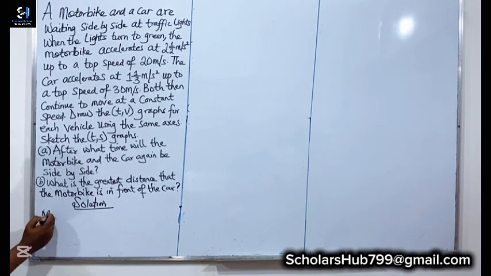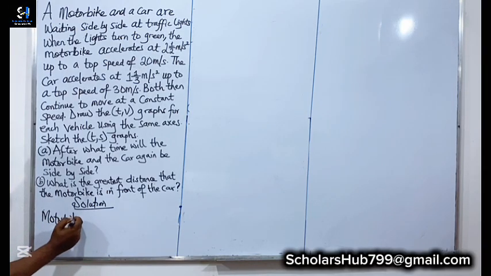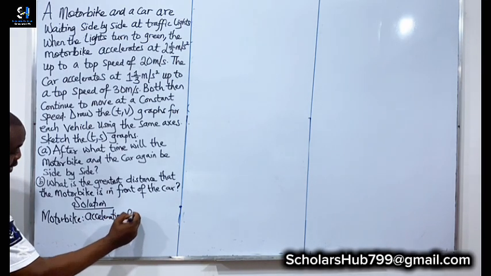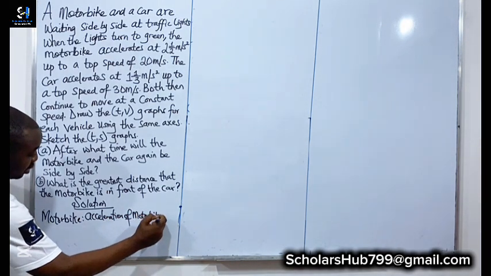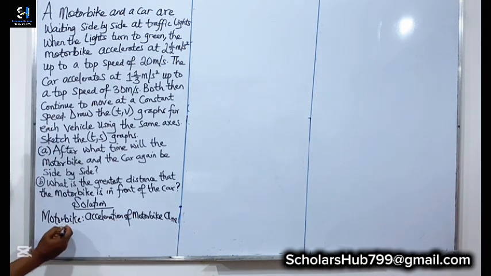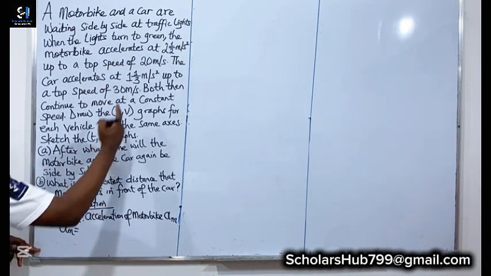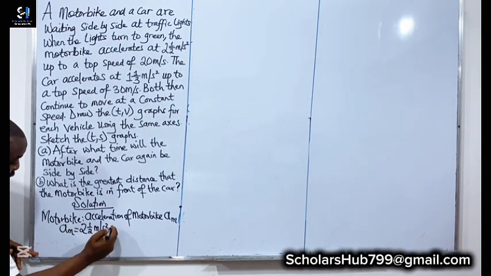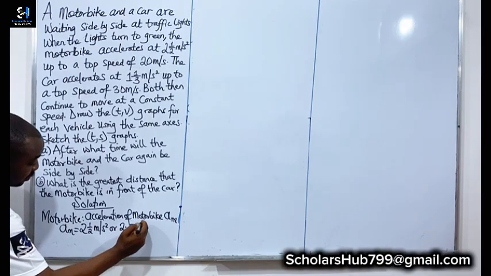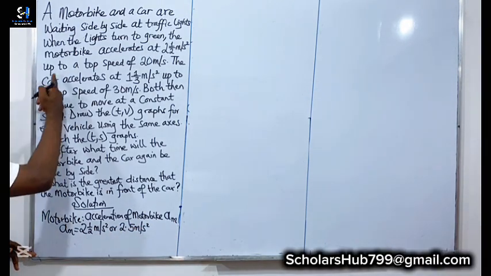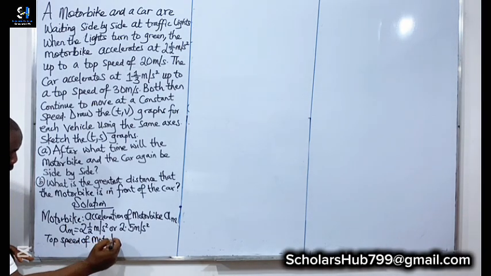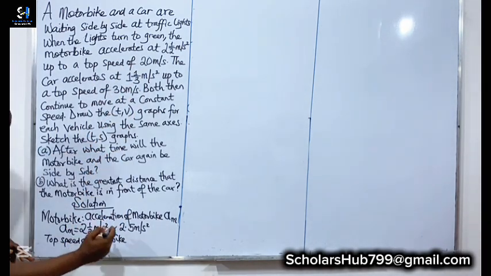The first one is the motorbike. For the motorbike, we have the acceleration of the motorbike, designated AM, and the value of AM is 2.5 meters per second squared, up to a top speed of the motorbike of 20 meters per second.